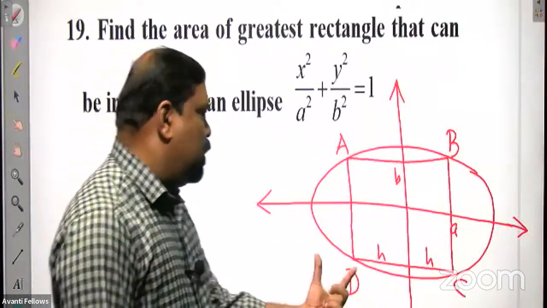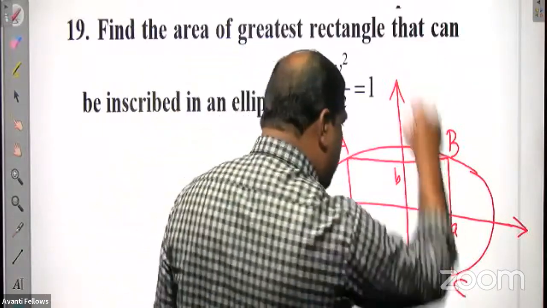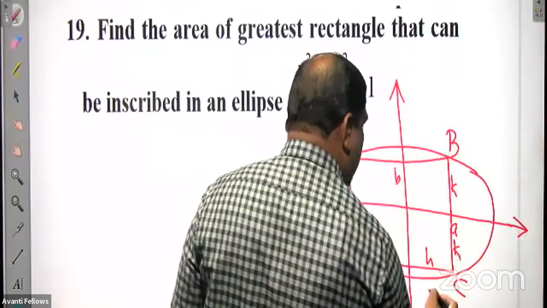So I will take the length of the rectangle as 2h, and similarly the breadth of the rectangle as 2k.